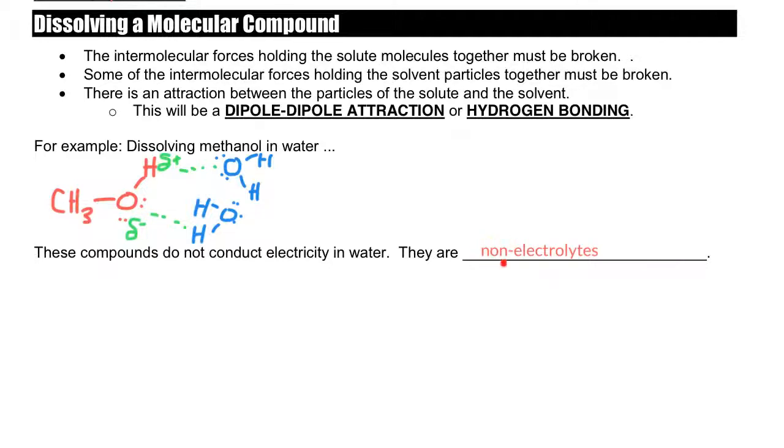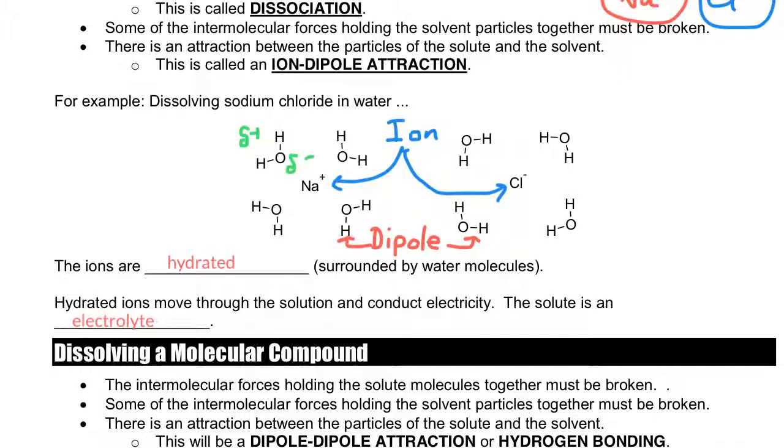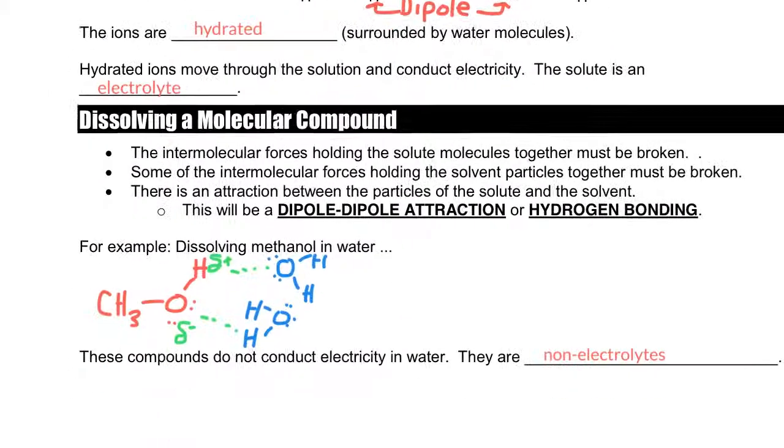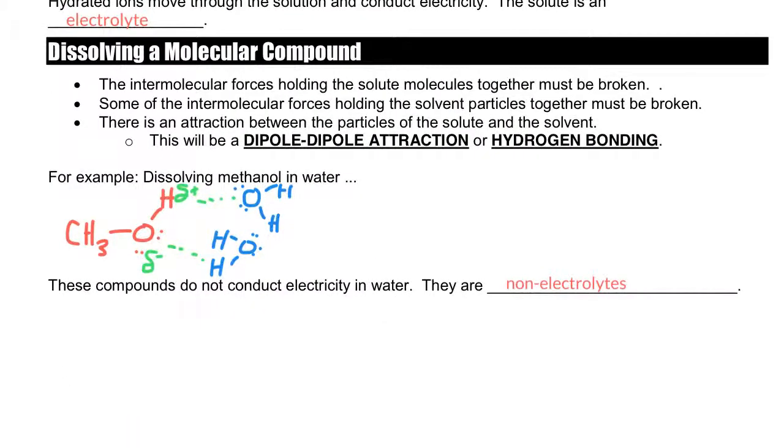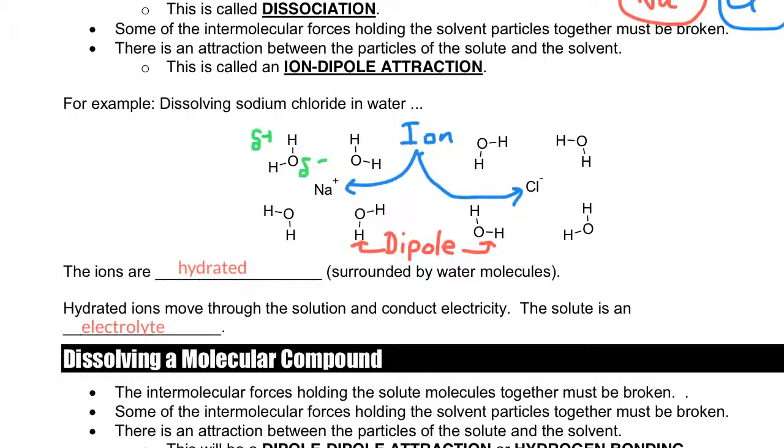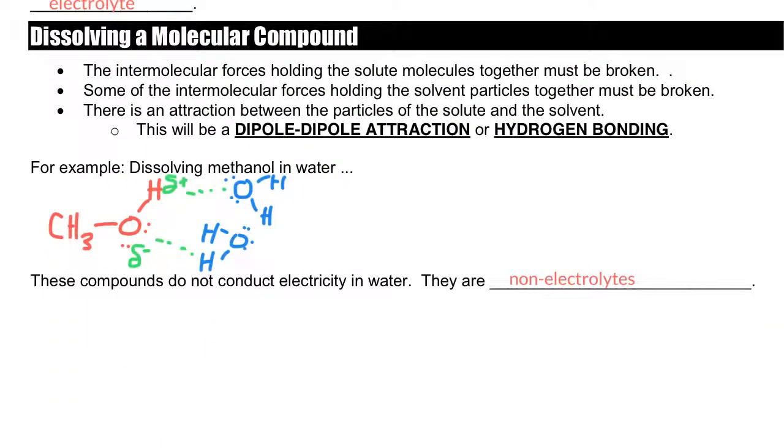So we call them non-electrolytes. If you dissolve an ionic compound in water, it's an electrolyte, meaning it conducts electricity. If you dissolve a molecular compound in water, it's a non-electrolyte. It won't conduct electricity. Salt water conducts electricity. Sugar water does not.